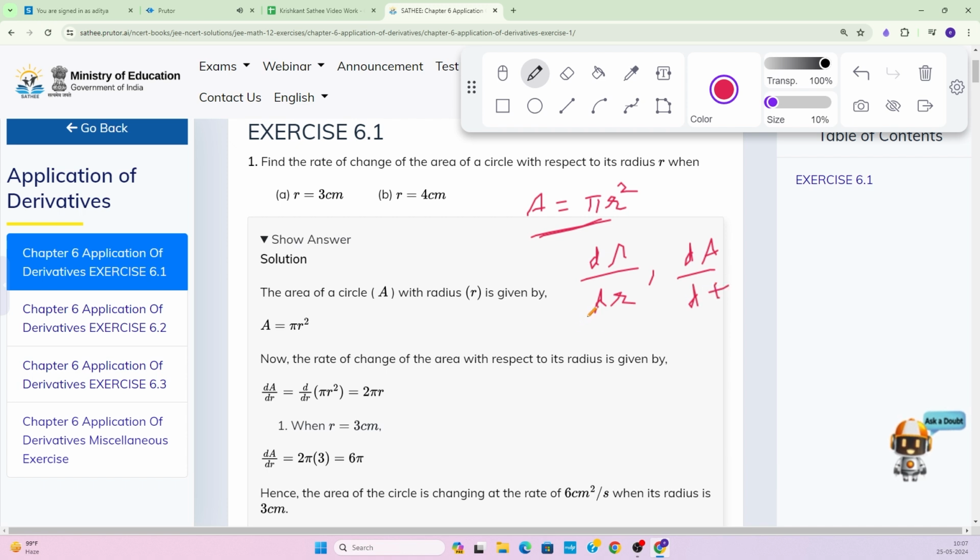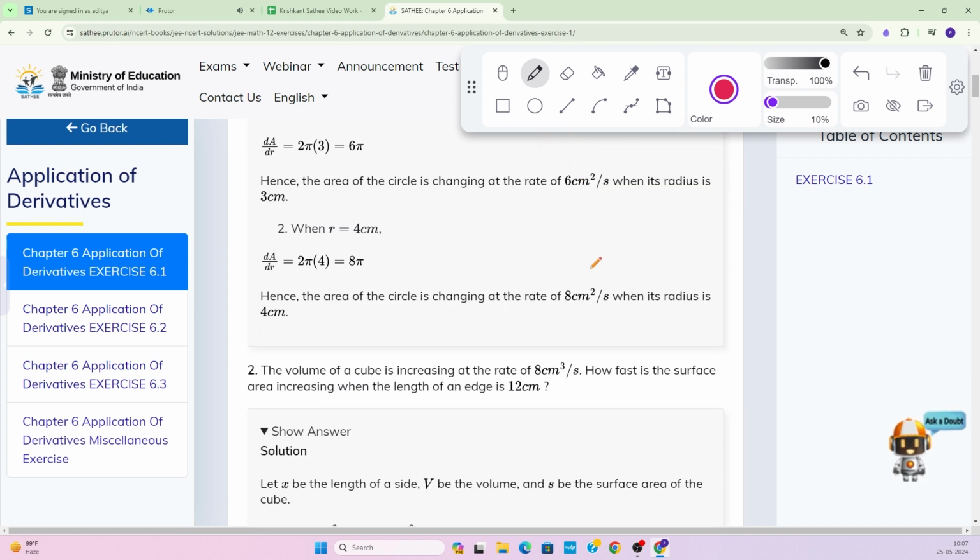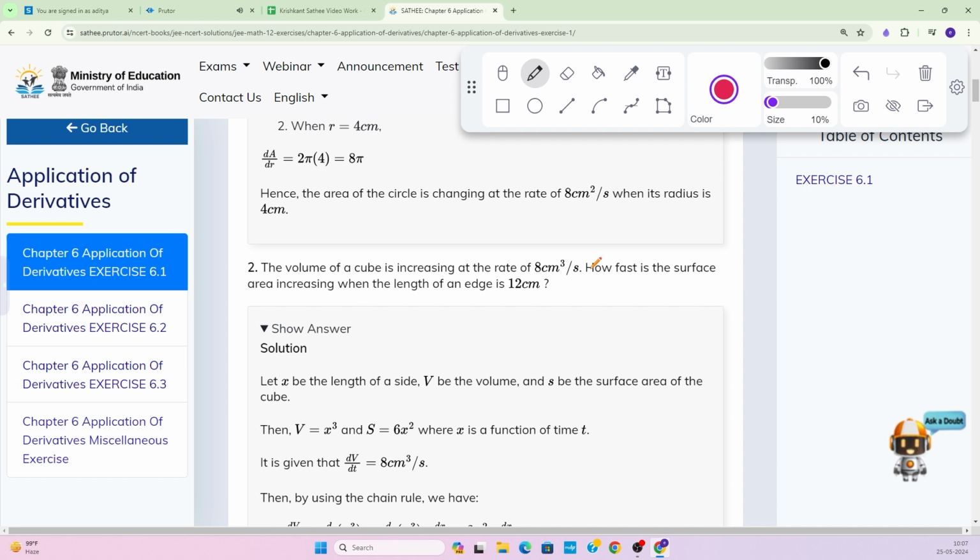As you saw in the solutions for NCERT exercise 6.1, you found either this or that, but you must know which one is asked according to the question. That is the main thing from the first few questions.